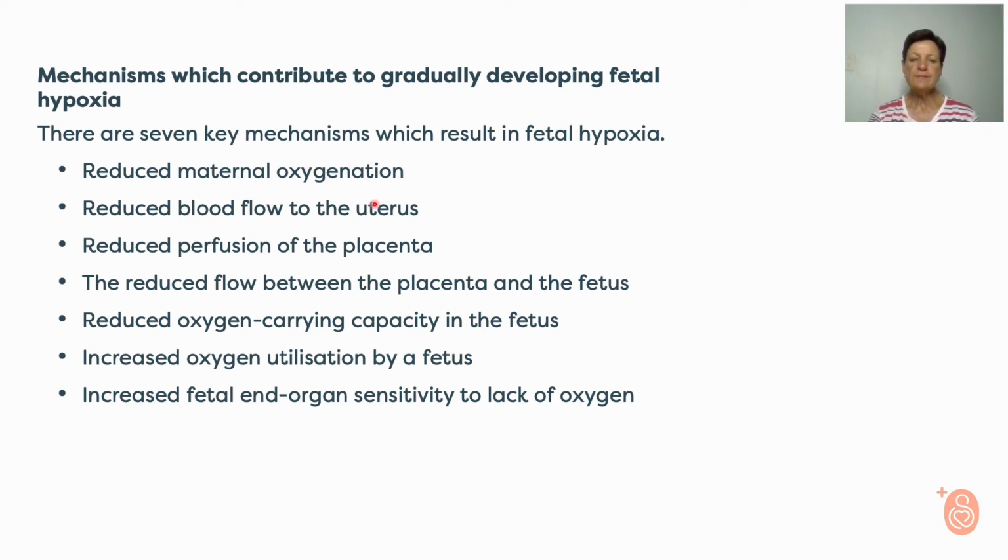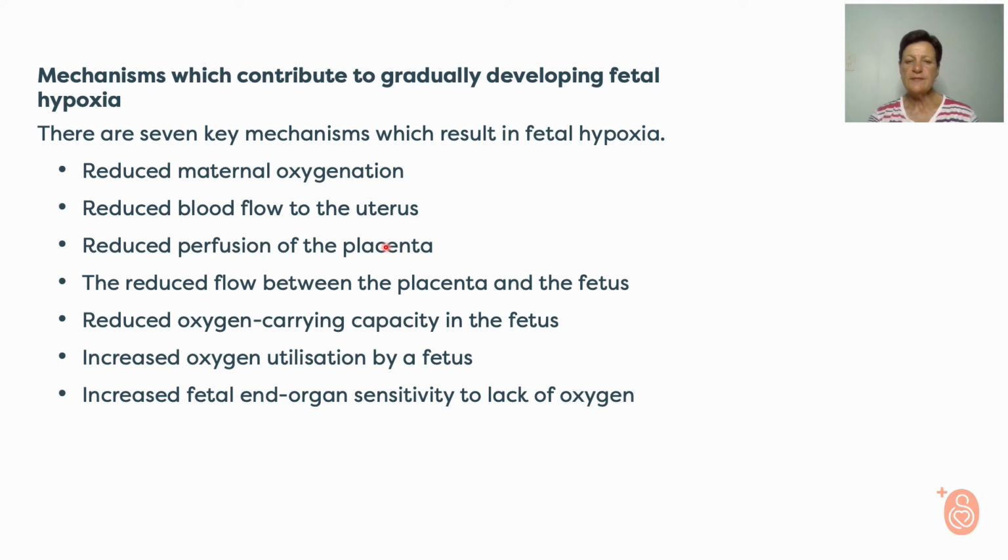Then there is reduced blood flow to the uterus for some reason, in which case hemorrhages are some of the most important causes, or also episodes of sudden hypertension, where there is less blood flow to the heart, and because of that also to the uterus.